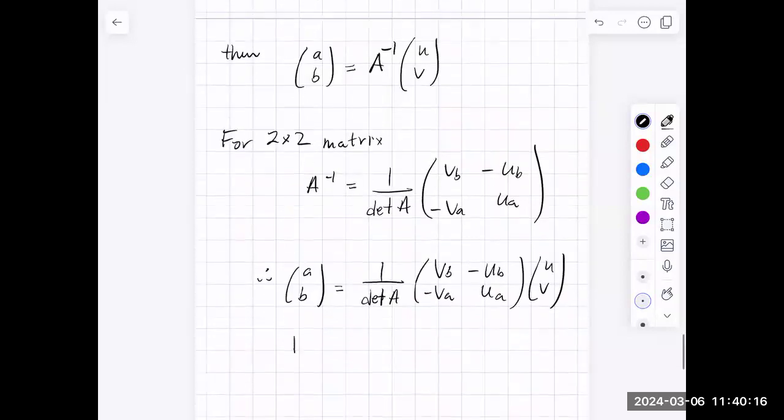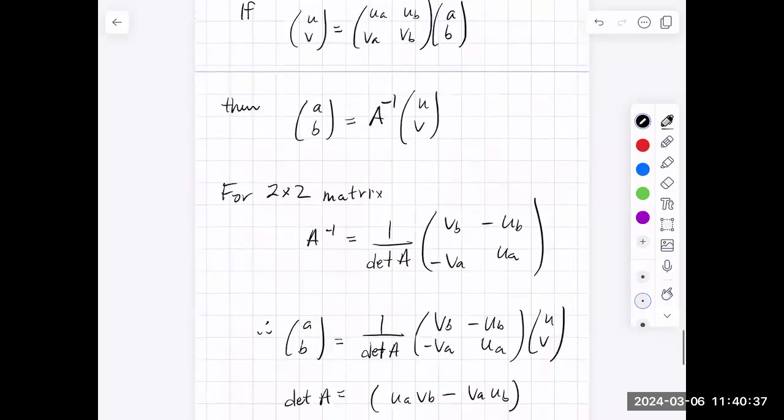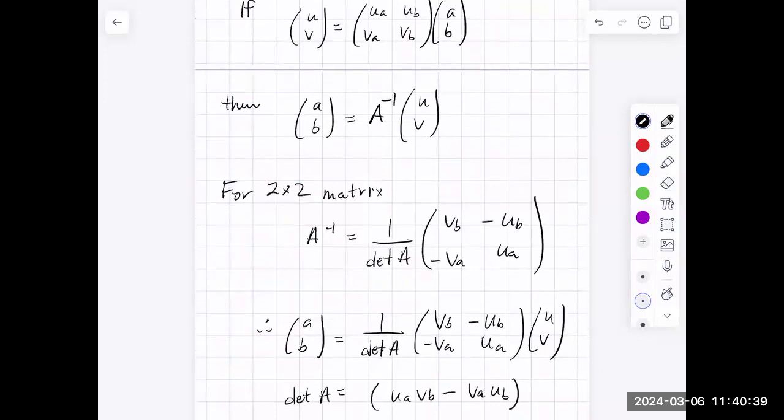The determinant of A is equal to, what would it be? You would take the diagonal in one way and subtract it from the diagonal in the other way, right? So it must be UAVB minus VAUB. That's right. So you take UA times VB and then minus the other diagonal, UB and VA. Good.